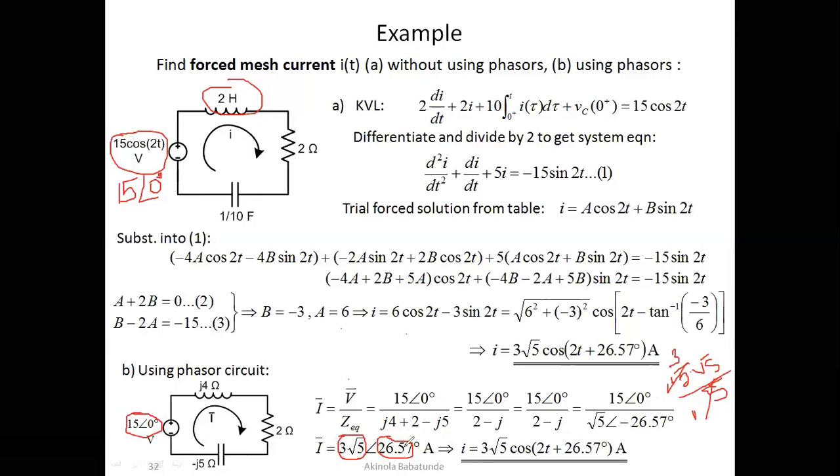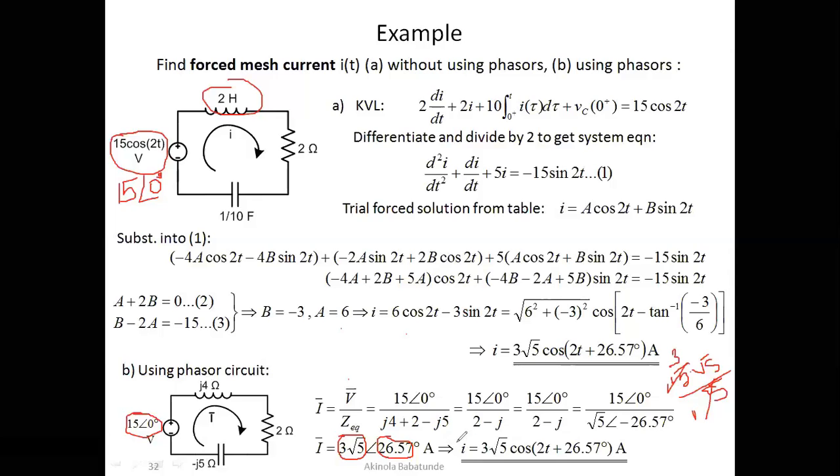So you probably want to now write this in a waveform representation, and that becomes 3 root 5 cos(2t plus the phase angle). The phase angle we obtain is 26.57. The amplitude we obtain for the current is 3 root 5, by the way. And this gives you your current.